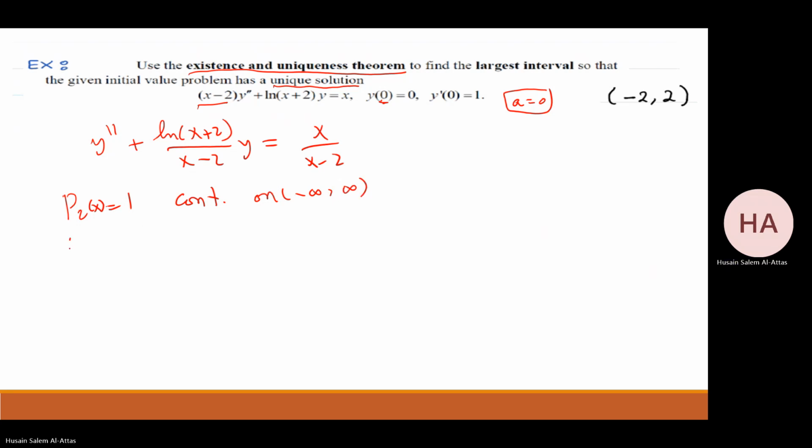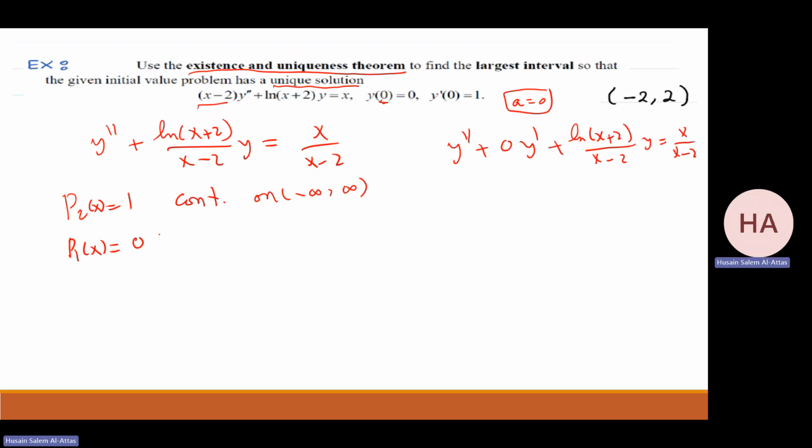P1: the coefficient of y prime is 0. I don't have y prime. So you can think of this as y double prime plus 0 y prime plus this. So the coefficient of y prime is 0, so this is also continuous on minus infinity to infinity.